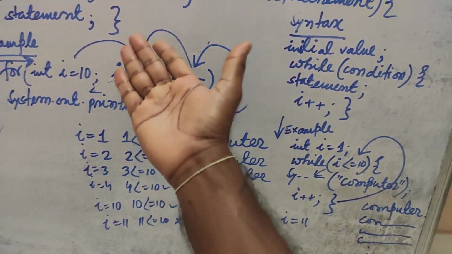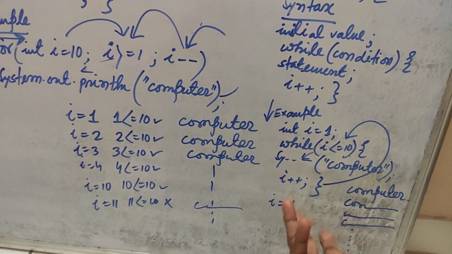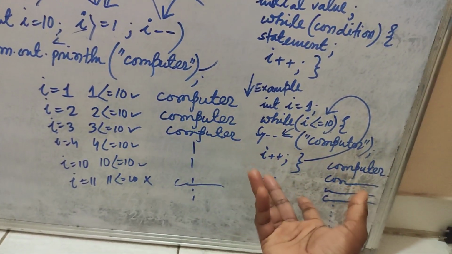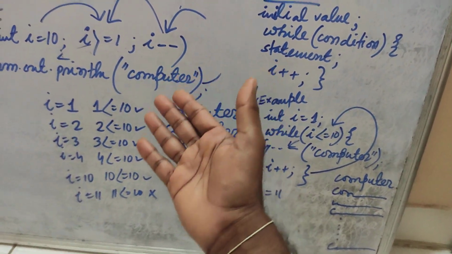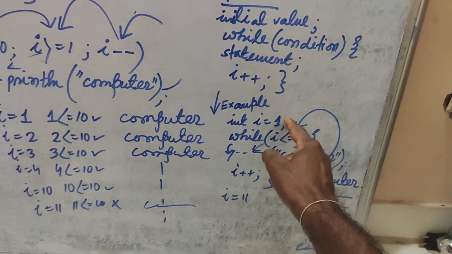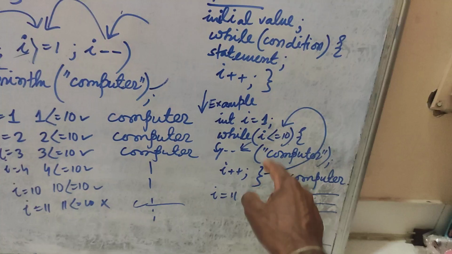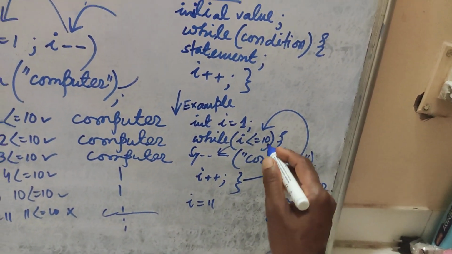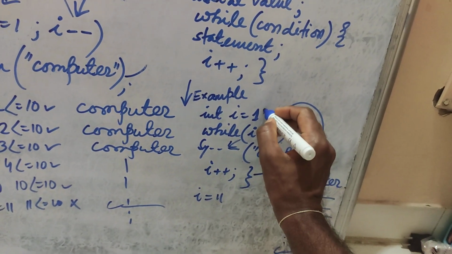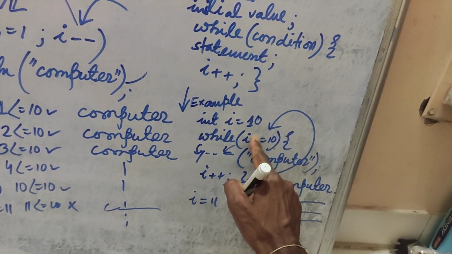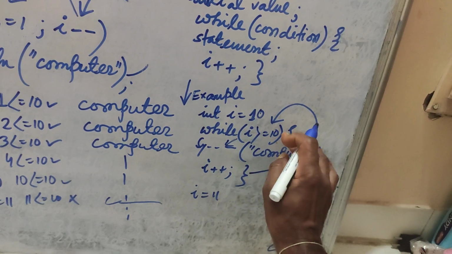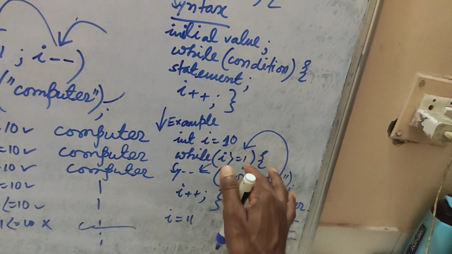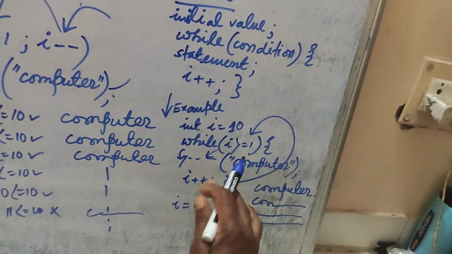Now this and this are the same. I said their syntax is different. See, if I want to write here I equal to 10, then here will be the greater than sign. Same, this also displays 10 times. If I take I equal to 10, then greater than equal to 1. That you need to remember. If you give the bigger value and here is smaller, then minus.